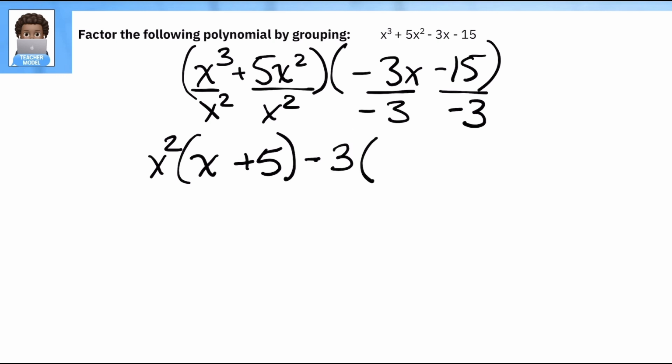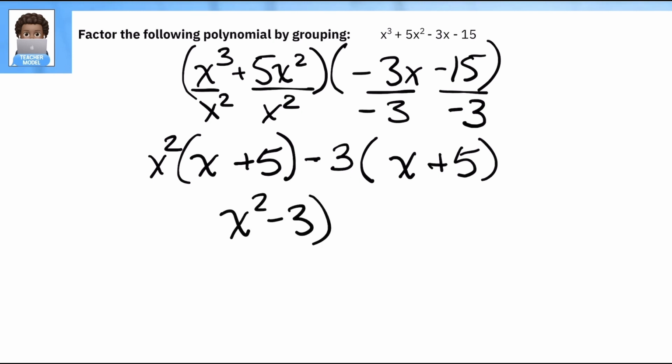This is minus 3 on the outside, and I get x plus 5. Look to see if you have common binomials. I do. So I'm going to rewrite this as x squared minus 3 times x plus 5. All right, hit pause and jot this one down. You could also check it with FOIL, but you'll find that it is the correct answer as well.